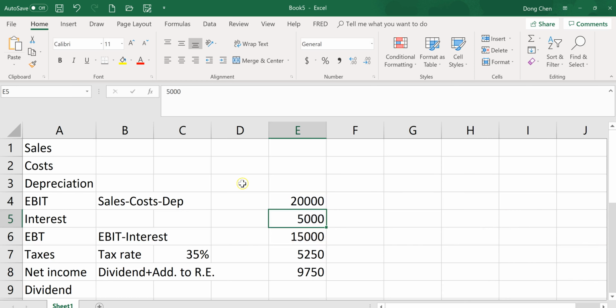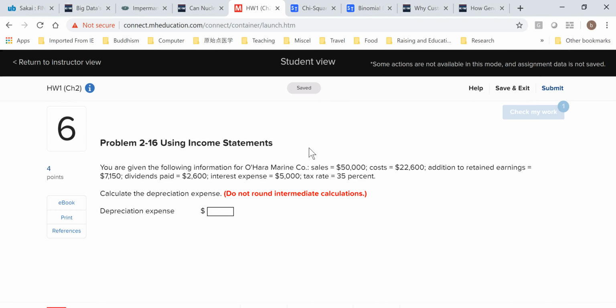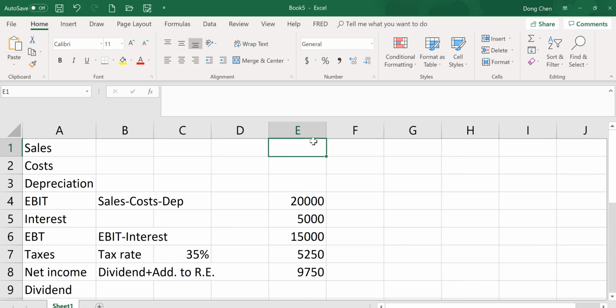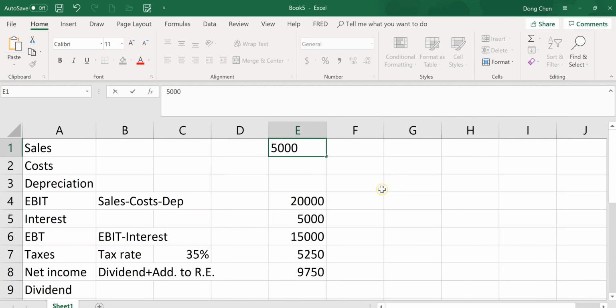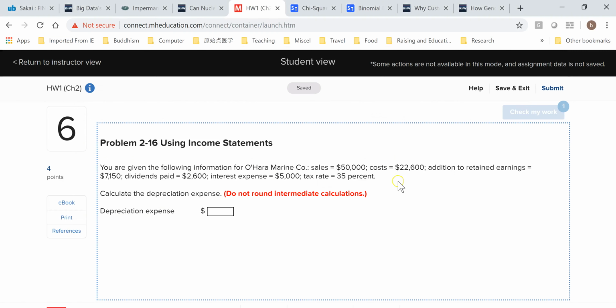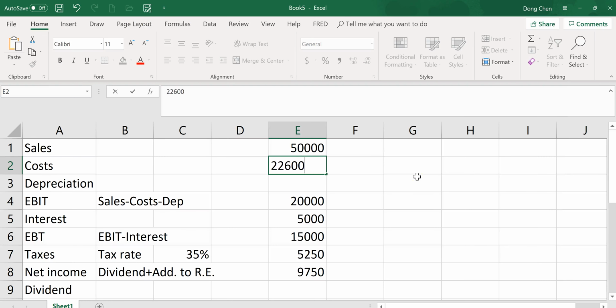So now we cannot go any further because depreciation is the amount we need to get. But now we can go the common approach by starting from sales, and then these two routes will converge. And that's where we can solve for this depreciation. So sales is provided to be 50,000, and costs are 22,600.